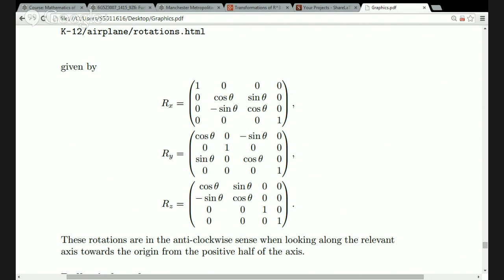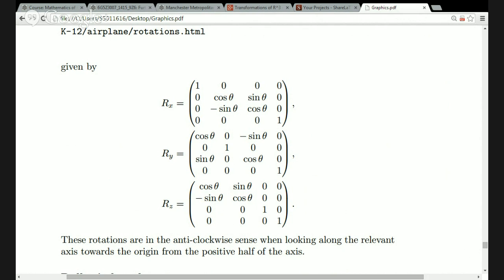So when we say rotate by an angle theta anti-clockwise, when looking back to the origin from a positive point on the axis, the matrix Rx that we just wrote down in the notes would correspond to rotating all of three dimensions by some angle theta.